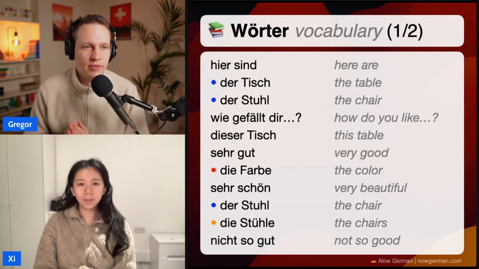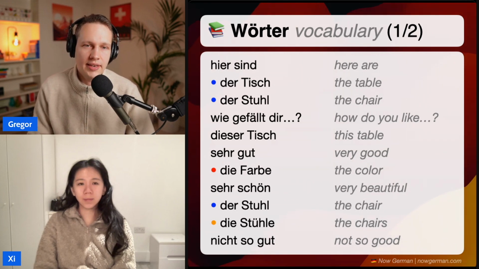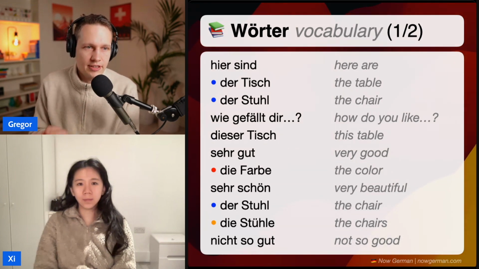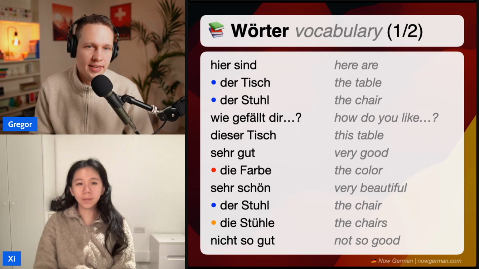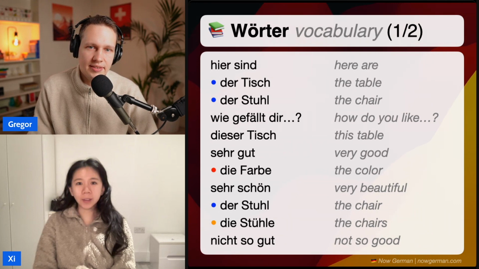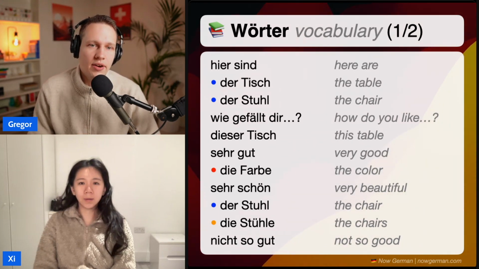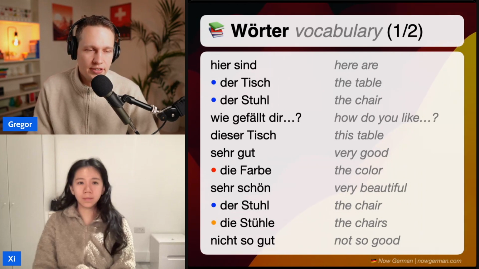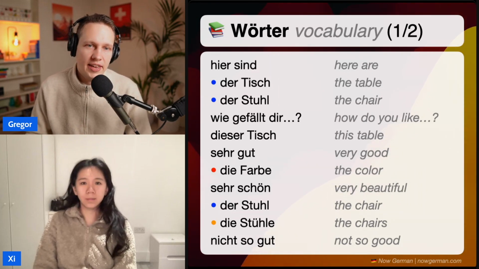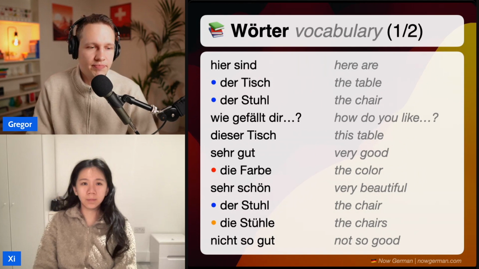And then often when we ask if someone likes something, we will ask about this specific item. So we will say dieser Tisch. Yes, dieser, that's specifically this table. Okay, but if you don't know this word, then you can also just ask, wie gefällt dir der Tisch?